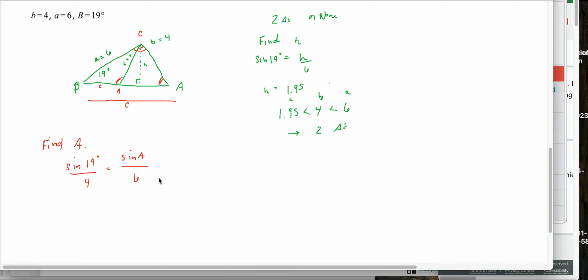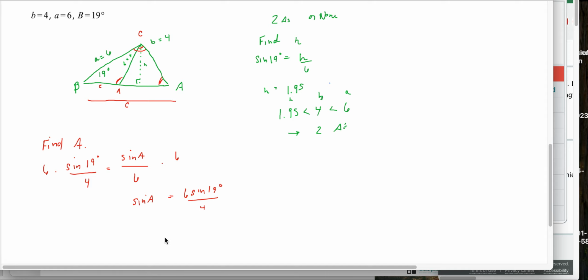So then we'll do the math. Again, to find sine A, we're going to multiply both sides by 6. So sine A is equal to 6 sine of 19 over 4.